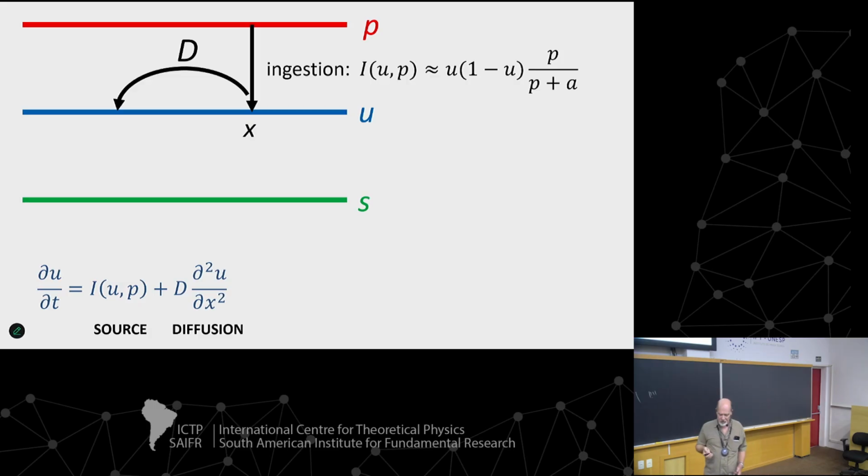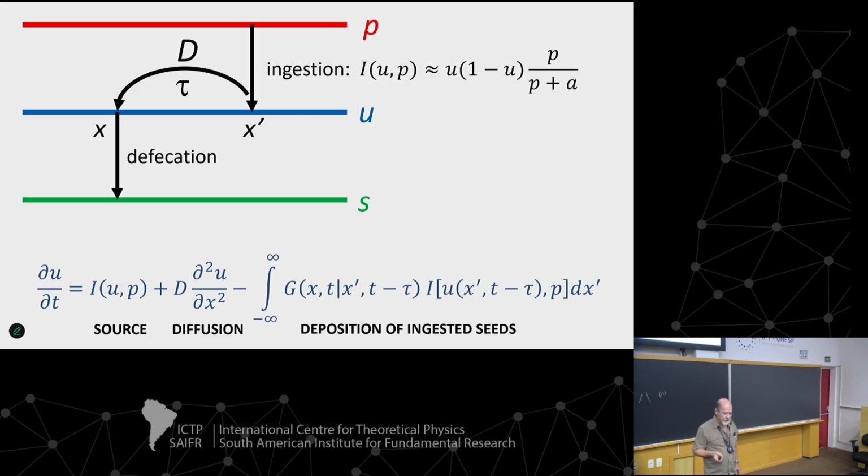So it's a diffusion equation now. And finally, those moving seeds get deposited somewhere at some later time. Which seeds are deposited? The ones that were ingested previously at an earlier time.